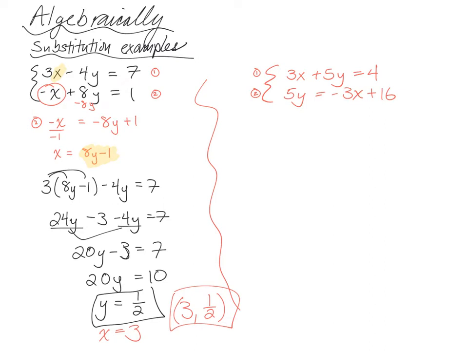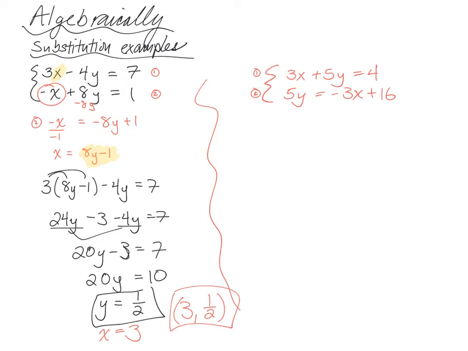Substitution example number 2, again, we're looking for identical variable terms in this case. If you look at the variable terms, I've got a 3x and a minus 3x and a 5y and a 5y. None of those have a coefficient of 1.